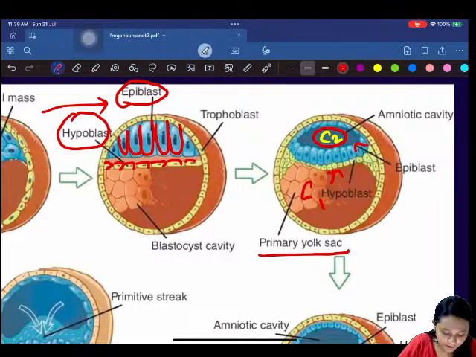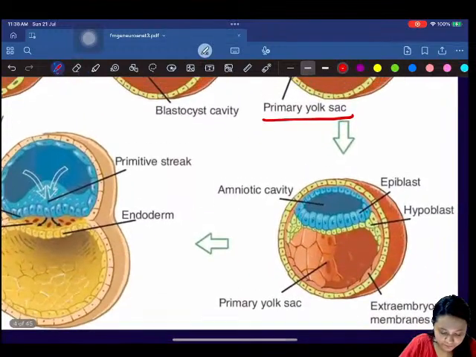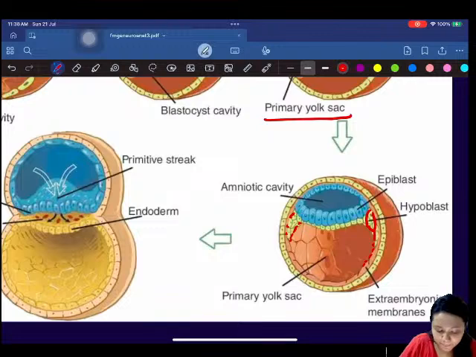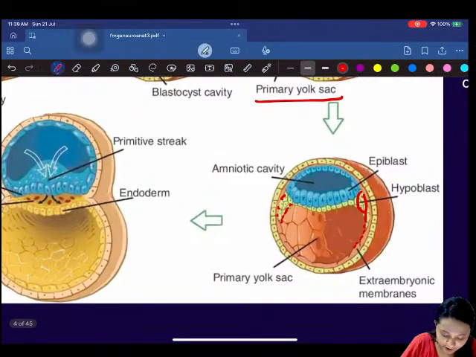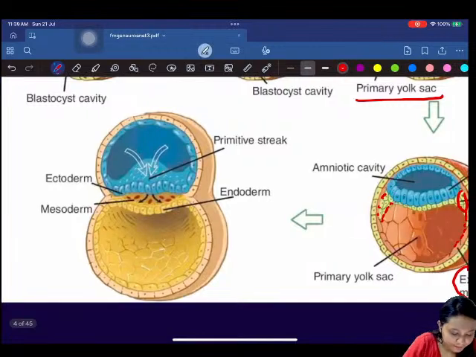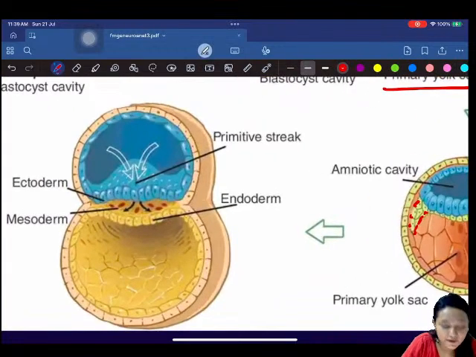ठीक है. उसके बाद क्या हुआ? Can you see certain cells of this hypoblast are migrating on the sides, and then they are forming the extraembryonic membrane. After that, from the epiblast, you have the formation of 3 layers, that is the ectoderm, mesoderm, and endoderm.